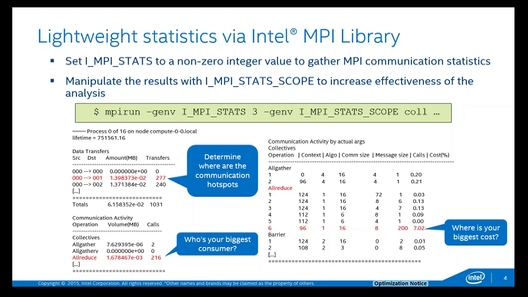If you've never used Intel MPI before, the library itself keeps track of its internal statistics as the application is running. There's also an option where you can print it out to standard out, or a text file in this case. So here's a quick example of enabling that functionality for the library.